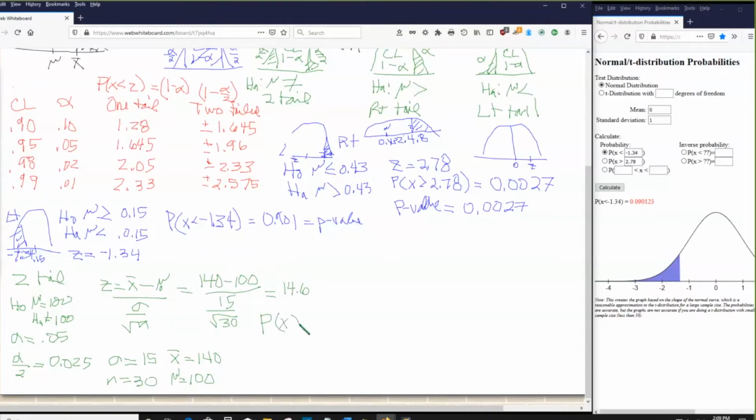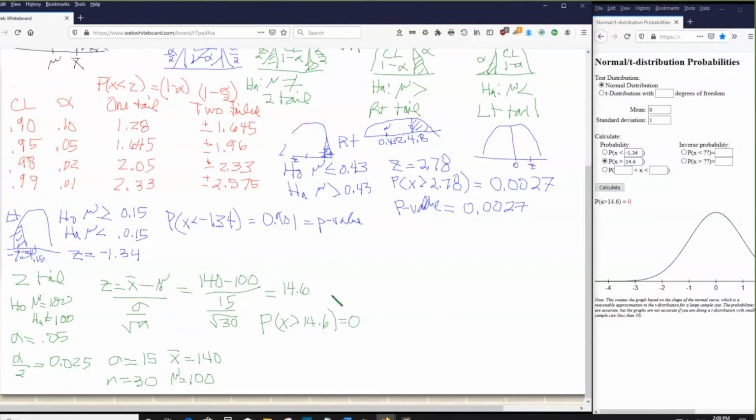So we've got x is going to be greater than 14.6, which is going to give me a probability of 0.